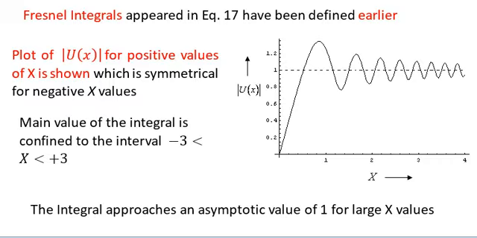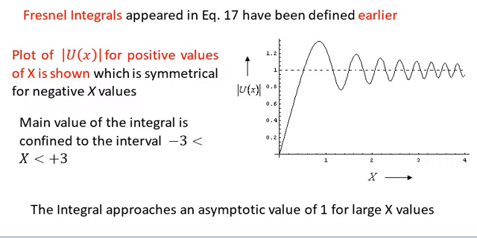So you can see in the plot that the main fluctuations of this integral rise from 0 to a value of about 1.3 times, and then the amplitude keeps fluctuating and also reducing, and ultimately becomes equal to 0. Over the main values of this integral the fluctuations are very noticeable when we are in the region from minus 3 to plus 3, that is capital X in this region.